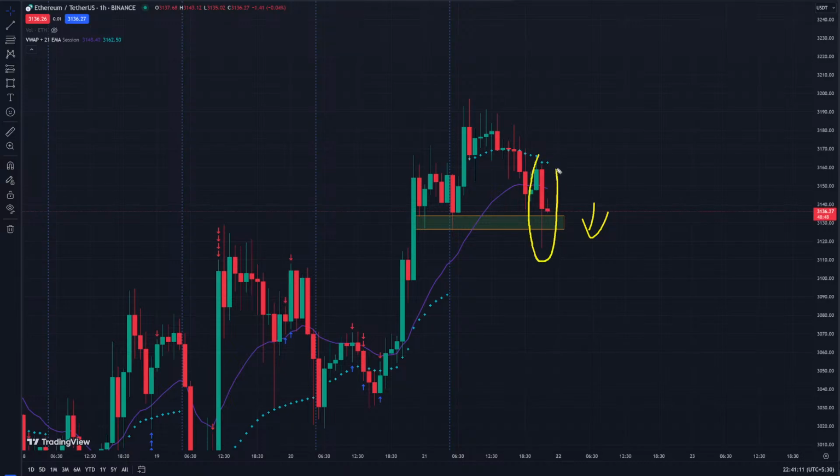We can see a big rejecting candle, a hammer candle, and this is a very good support zone. Multiple times price has gone up from this area. So now the contradictory point here is that first of all, this is not a green candle.